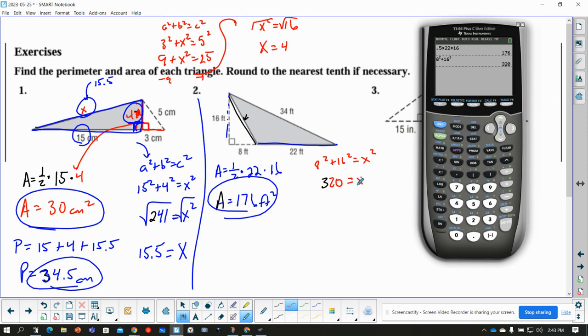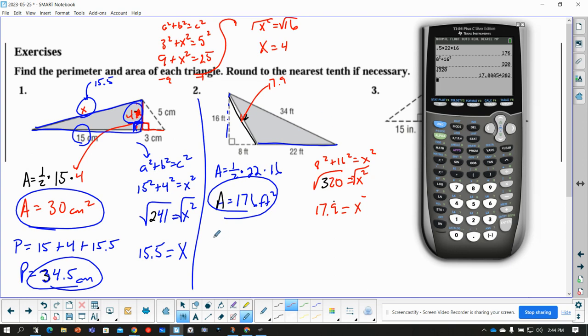320 equals x squared. Take the square root of both sides. So the square root of 320, 17.88, so it'd be 17.9. So x equals 17.9. Okay, so we took the square root of both of those and we got 17.9 is this missing side right there.